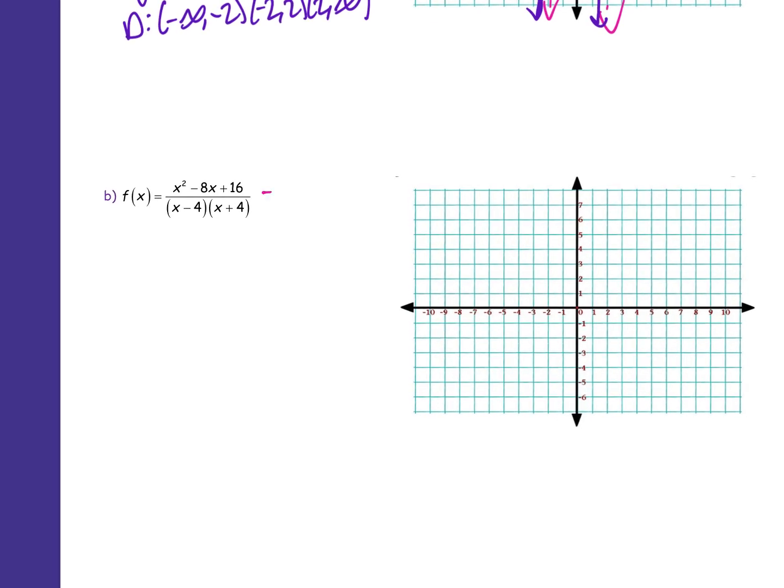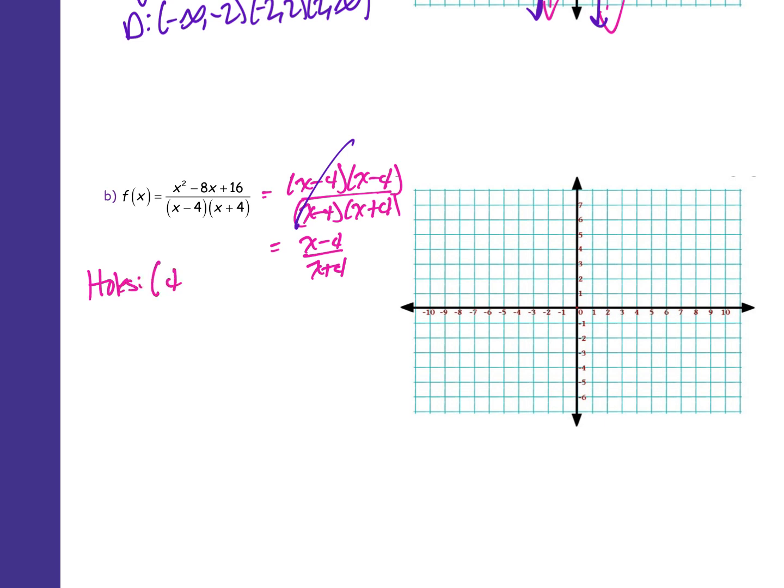Second one, factors 2. Vertical asymptote, x equals -4. Horizontal asymptote, y equals 1.